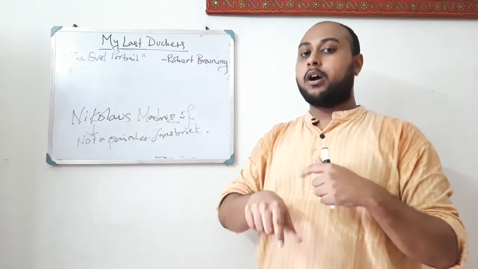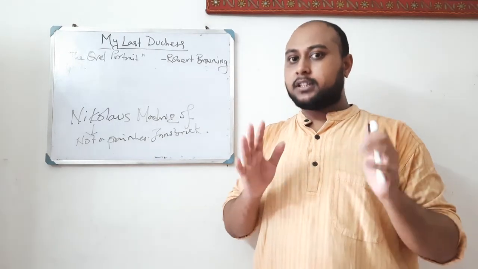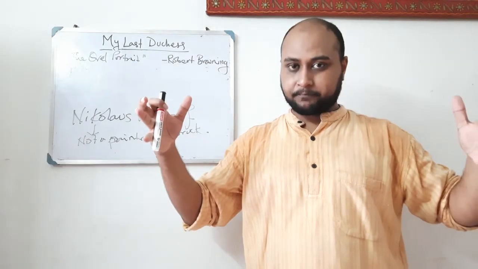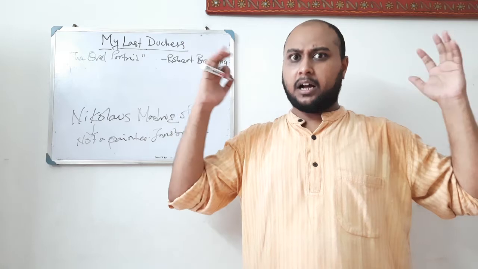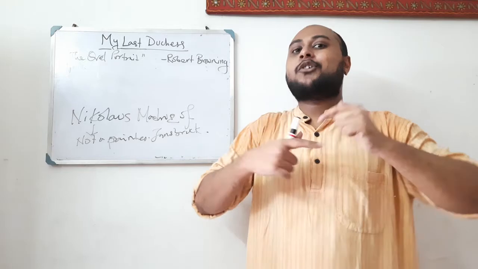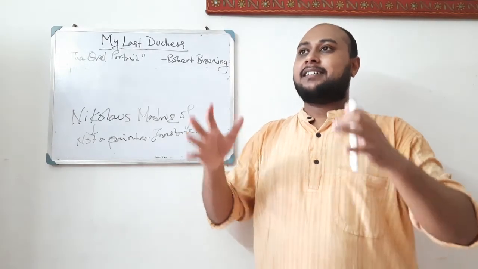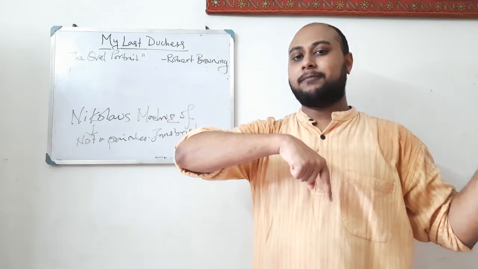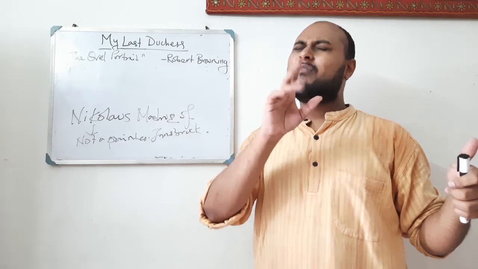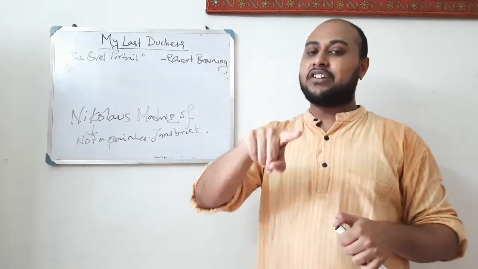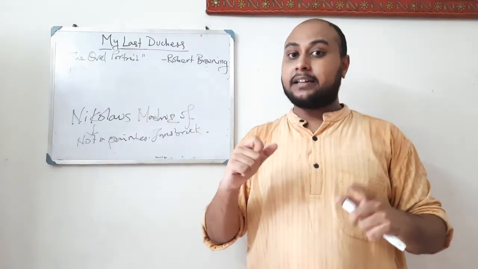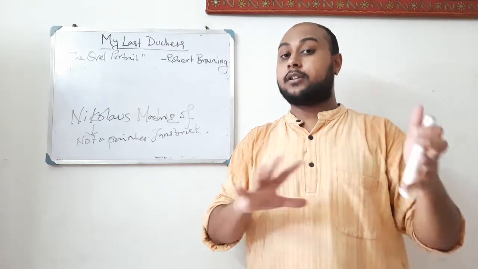And towards the end of the poem, he gives another hint that this is actually the story by taking the name of Nikolaus Madruz. So he doesn't take the name of any big other king or the count himself, but he takes the name of someone who is less known. So whoever is a scholar would understand that this poem is based on this story. The only reason he has said Claus of Innsbruck is because he wants scholars to figure out that Claus of Innsbruck is actually Nikolaus Madruz of Innsbruck, and therefore understand the context of the story.